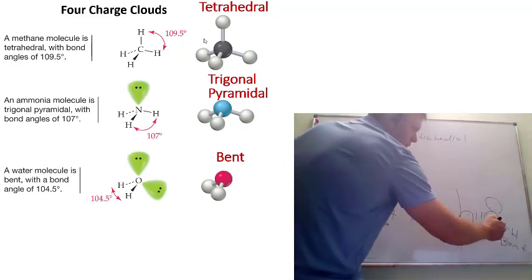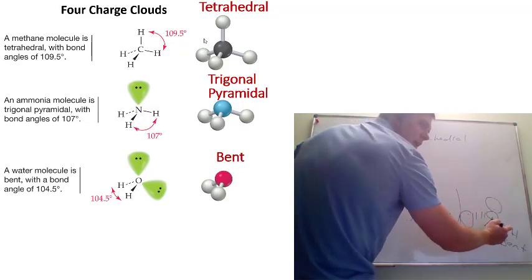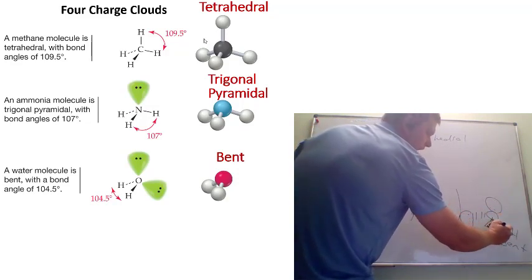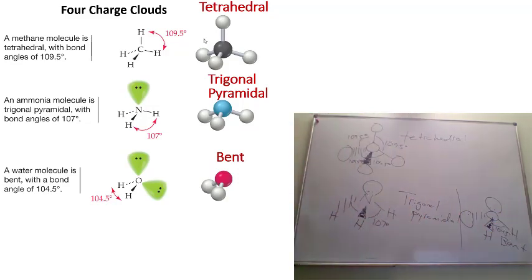And the bond angle in our bent structure, the hydrogen-oxygen-hydrogen, is equal to 104.5 degrees. So what we're seeing here is the more lone pairs that we substitute into this parent structure, the more this bond angle is compressed.